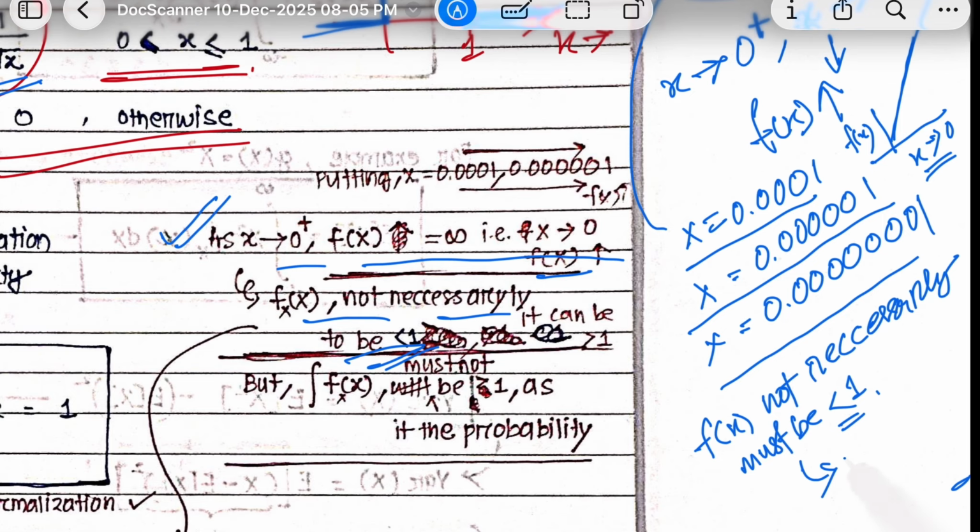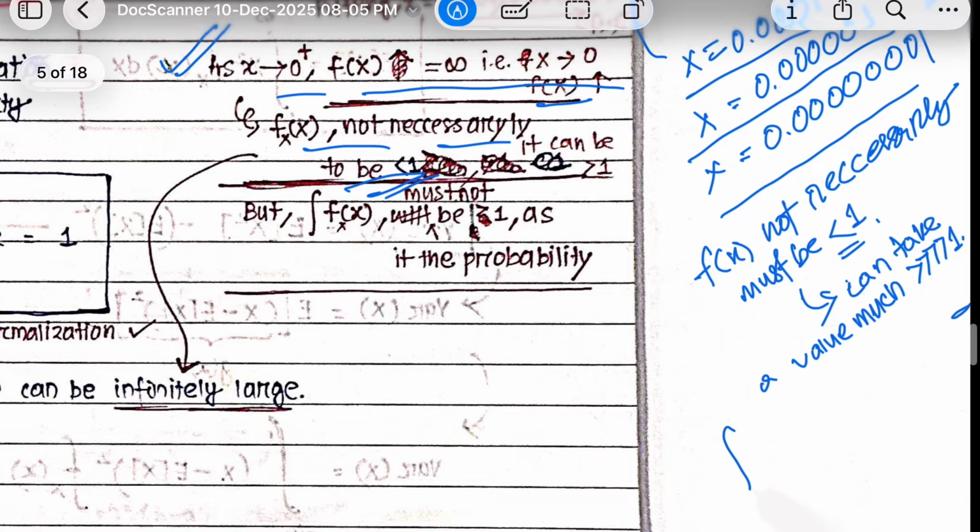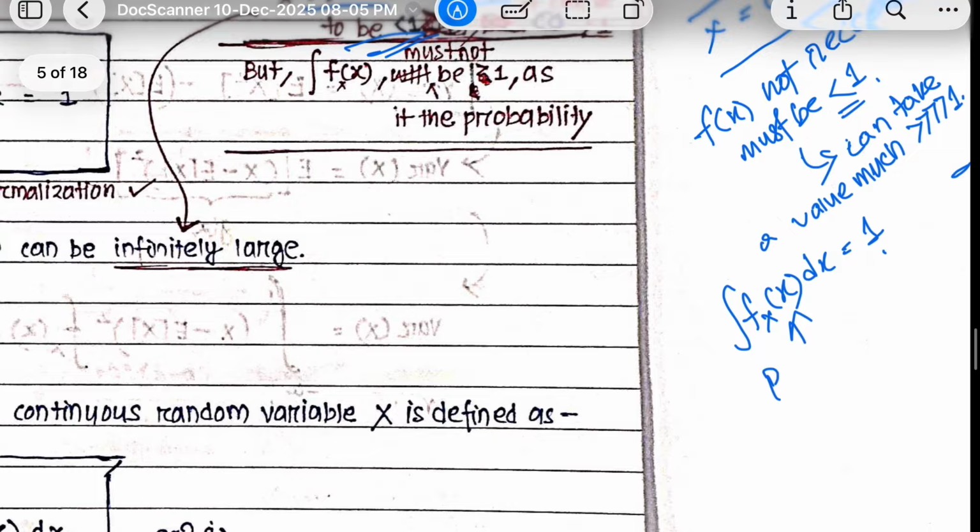It can take a value much greater than 1. But the integration of f of x dx must be 1, as this is showing the probability.